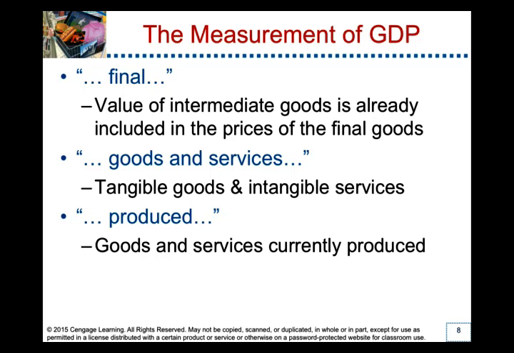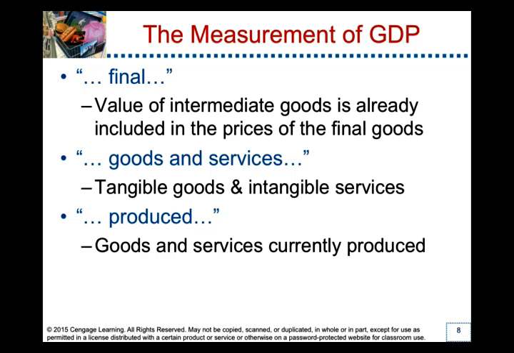You don't want to include the intermediate goods, because the value of those intermediate goods is already in the final goods. If you're not careful about it, then you might come across the problem of double counting.